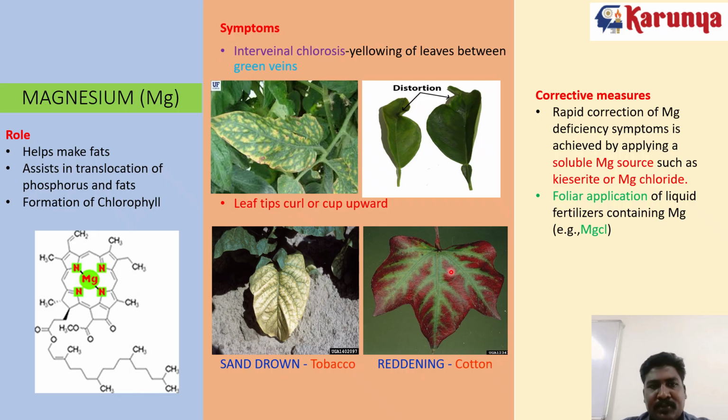Reddening of cotton is due to magnesium deficiency. And corrective measures, you can apply soluble magnesium source such as calcite and magnesium chloride fertilizers, and you can go for foliar application using magnesium chloride to get rid of the magnesium deficiency.